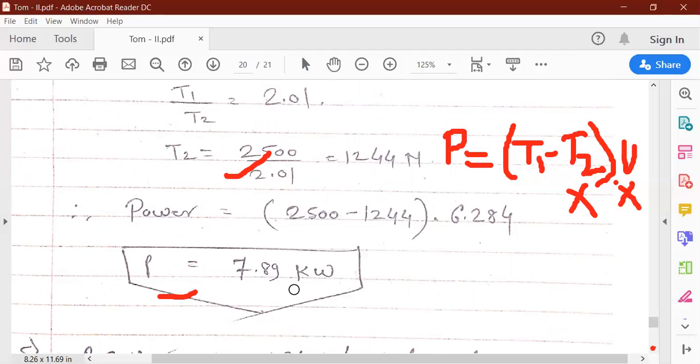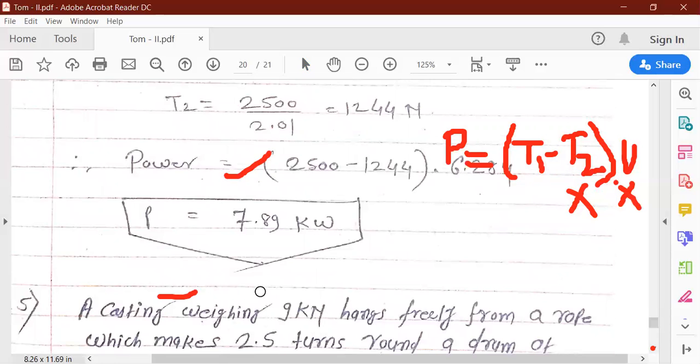So I directly converted the value to 7.89 kilowatt, but after simplification you get 7890 watt. In order to convert it into kilowatt, I simply put 7.89 kilowatt.